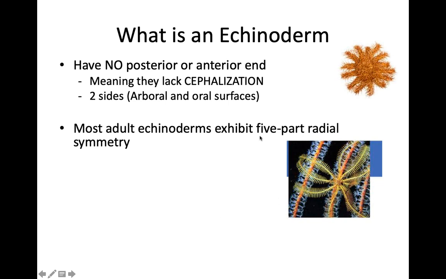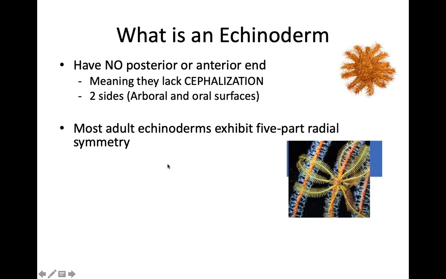So that's what radial symmetry is, but echinoderms exhibit a five-part radial symmetry, where it's more like five equal parts that are all found equally spaced around a central point. The central point being like here or like here.